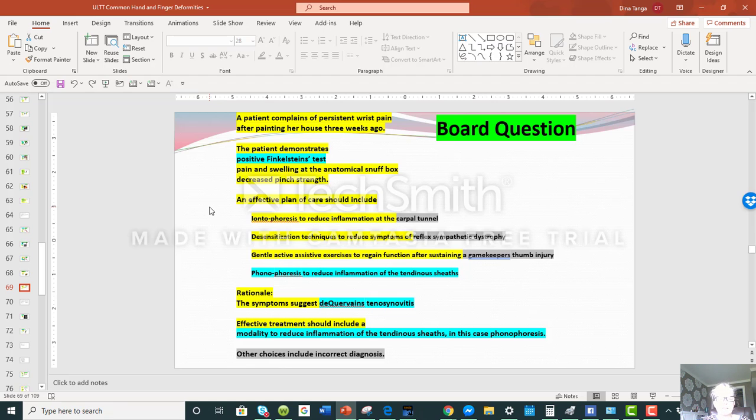The symptoms suggest de Quervain's. Effective treatment should include a modality to reduce inflammation of the tendon sheaths, in this case phonophoresis. Other choices include incorrect diagnoses: carpal tunnel, reflex sympathetic dystrophy, and gamekeeper's thumb injury.